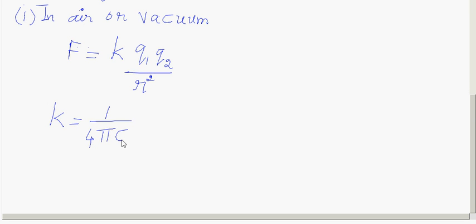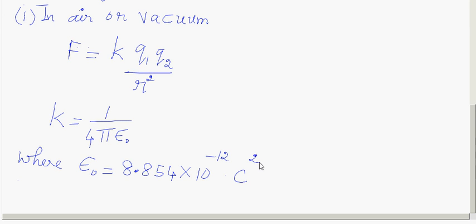4 pi epsilon naught, where epsilon naught is also some constant, 8.854 into 10 to the power minus 12 Coulomb square per Newton meter square. And this is known as absolute electrical permittivity of free space or vacuum.